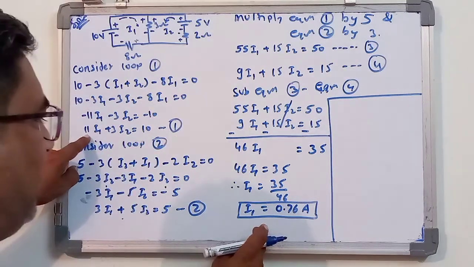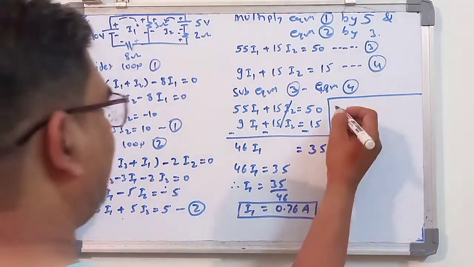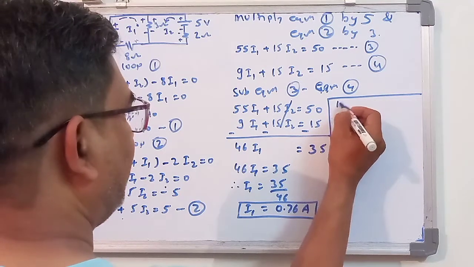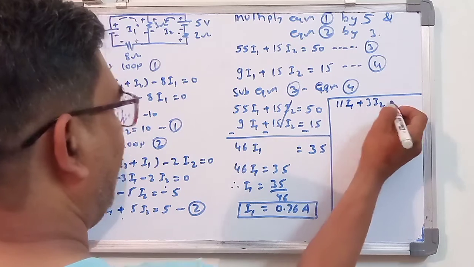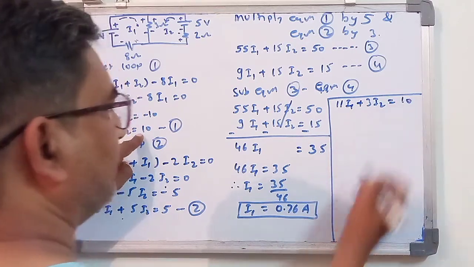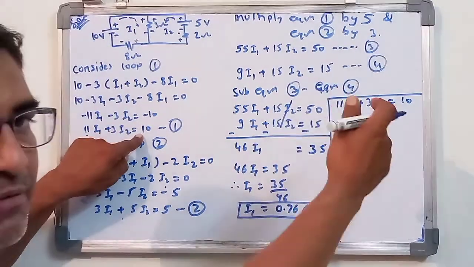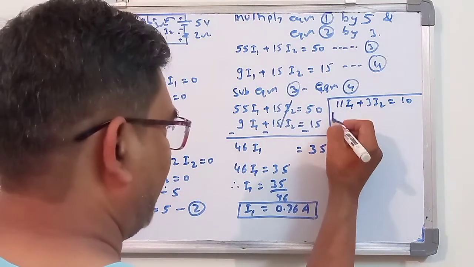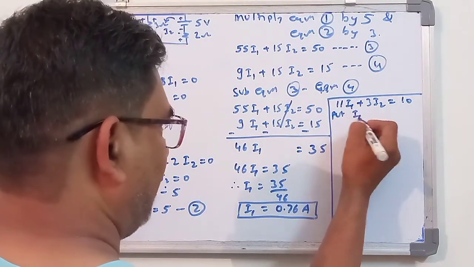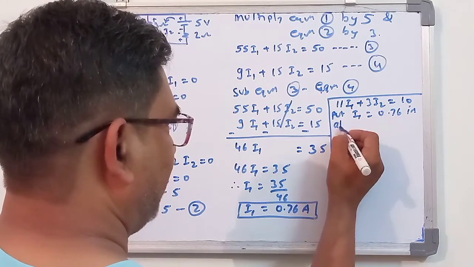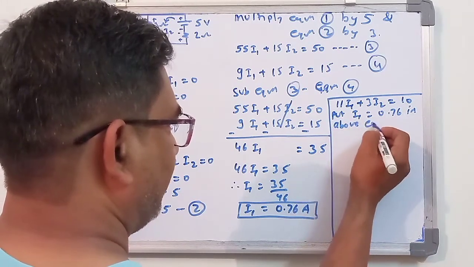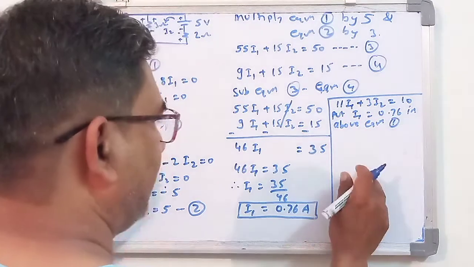The value is 0.76, which I have got. So what is equation number 1? It is 11 I1 plus 3 I2 is equal to 10. This was equation number 1. Put this value, you have to write down: put I1 is equal to 0.76 in the above equation number 1.